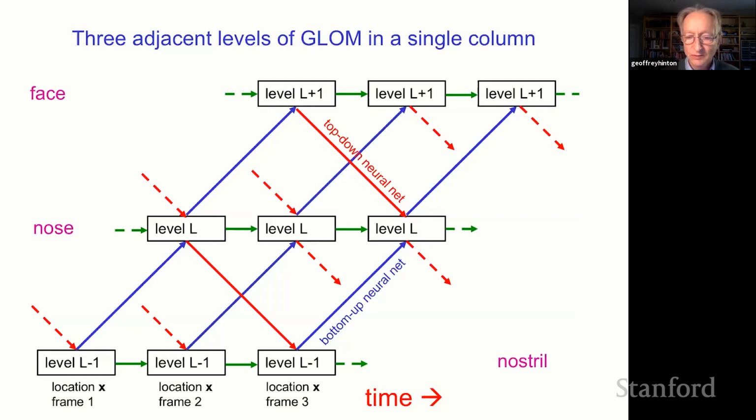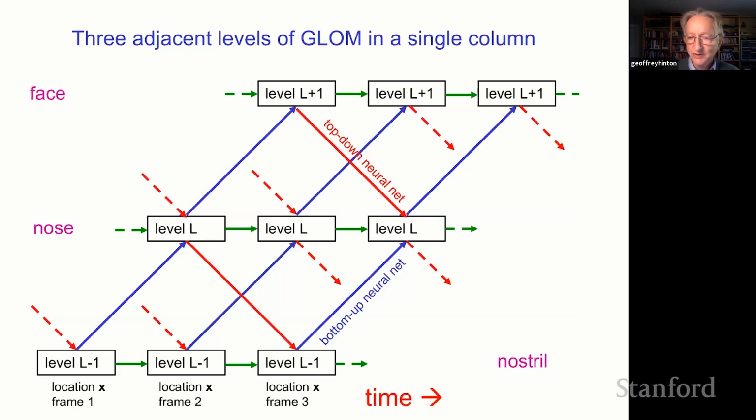And the blue arrow is basically taking information at the level below at the previous time step. So level L minus 1 on frame 3 might be representing that I think I might be a nostril. Well, if you think you might be a nostril, what you predict at the next level up is a nose. What's more, if you have a coordinate frame for the nostril, you can predict the coordinate frame for the nose.